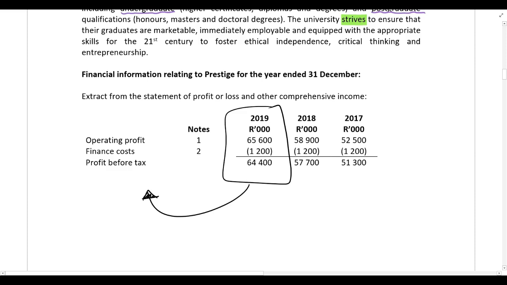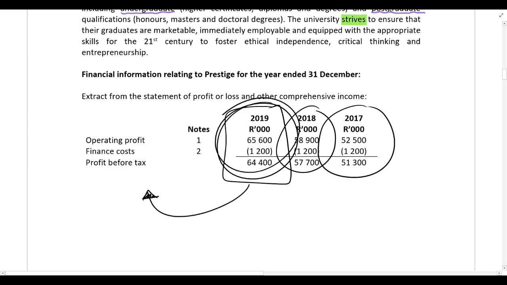We want maintainable earnings. So earnings that the company will be able to maintain or sustain in the future. Now, the only way we can perform this is by using all of the years' information that we've been provided with and determining whether or not we have a trend. So please, when you're performing the calculation, don't only focus on 2019. You must look at all 3 years.